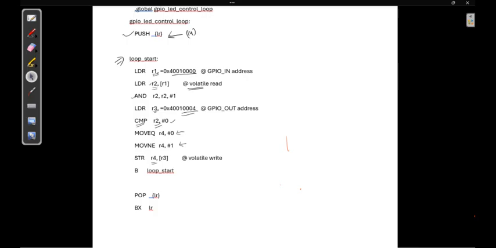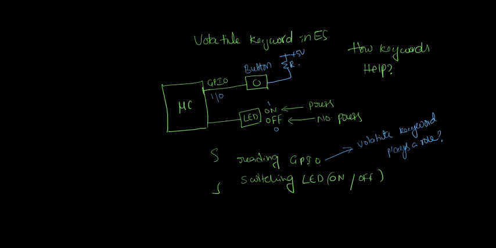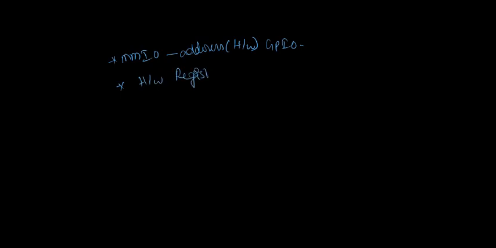To understand better, I would like to explain more. The volatile keyword comes into the picture in two cases. One is memory mapped IO address access, probably our hardware GPIOs, peripherals and so on. The other is hardware register reads, meaning you want to read the status of the hardware.